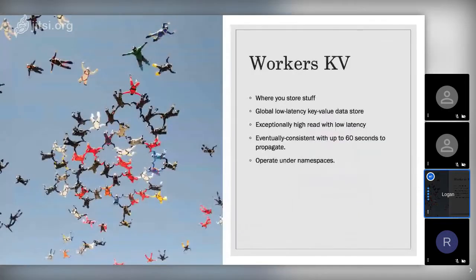So the second component to Cloudflare Workers is Workers KV. That is a distributed key value store. It's really great. It's where you store everything.